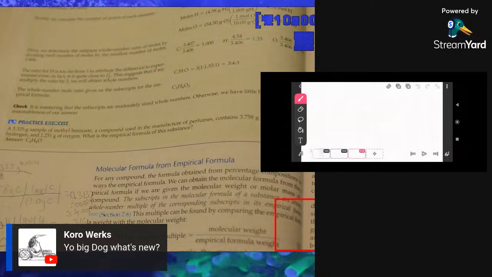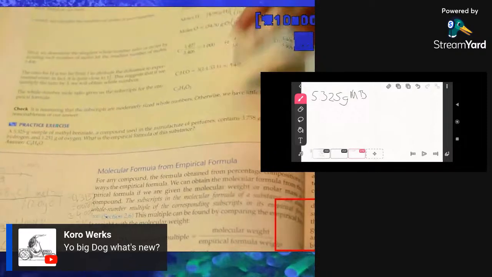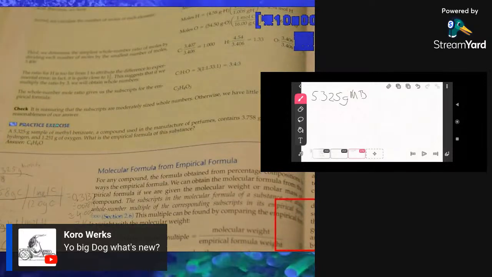On this one, I obviously don't have the math for it, but fuck it. So we got 5.325 grams of methylene benzoate. I don't even know what the formula is. I'm just gonna call it MB, just because I don't know how to pronounce methylene benzoate. I'm not gonna be writing that. To manufacture perfumes that contains 3.758 grams of carbon. Remember, just write down all the numbers.